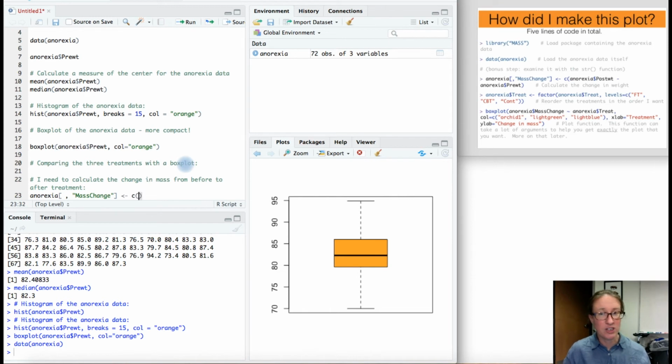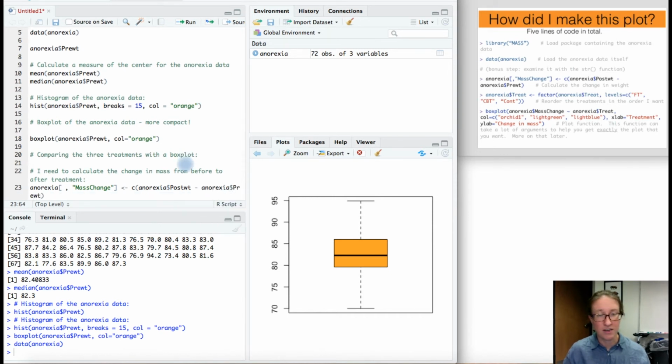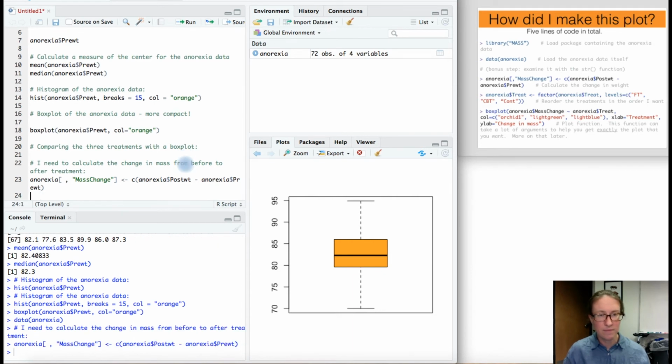If I want to get the change in mass, I need to start with the final weight. So I'm going to start with anorexia post weight, the final weight, and I'm going to subtract off anorexia pre-weight, the initial weight. Okay, so I'm going to run this line of code.